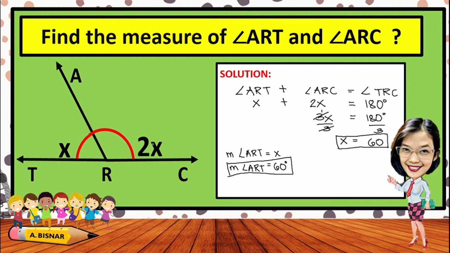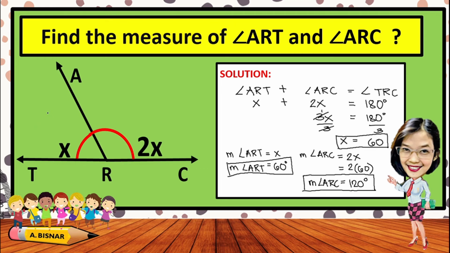How about the measure of angle ARC? The measure of angle ARC is 2x, so we'll substitute the value of x. 2 times 60 is 120. So the measure of angle ARC is equivalent to 120 degrees.